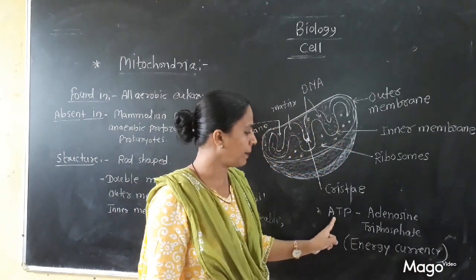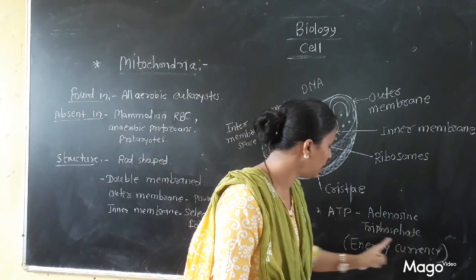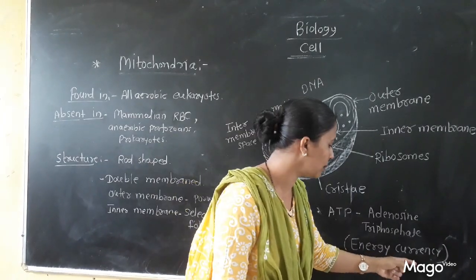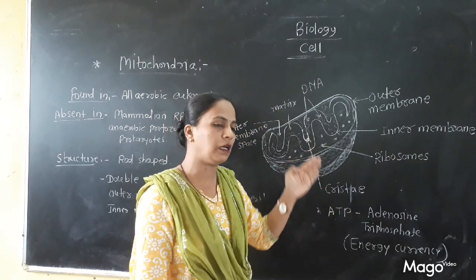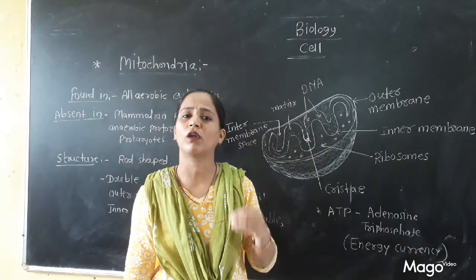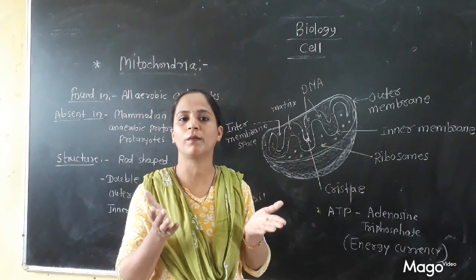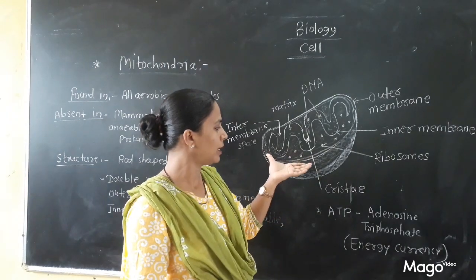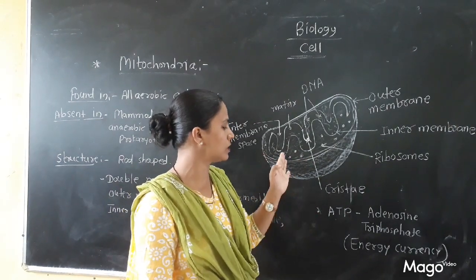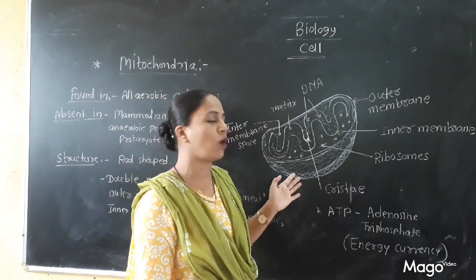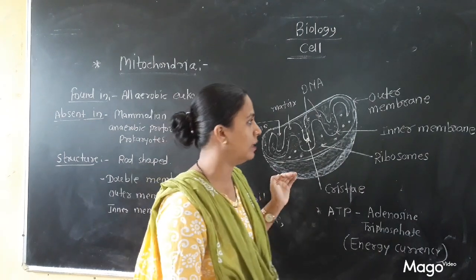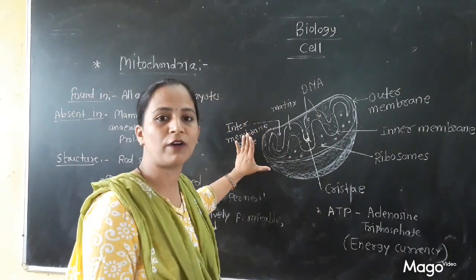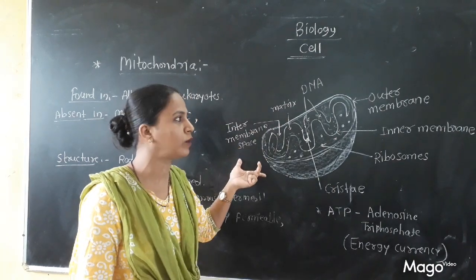What is ATP? ATP is adenosine triphosphate. It is called the energy currency of the cell because ATP is continuously required by the cell for performing different activities and functions. And as mitochondria synthesizes this ATP, it is called the powerhouse of the cell. So what are the functions of mitochondria?